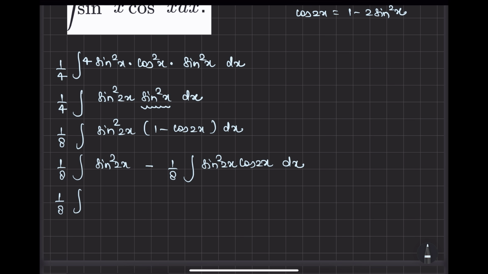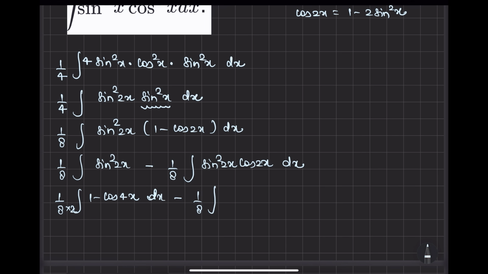So what I'll do, I'll again multiply and divide by 2. So it will become 2 sine square x, and 2 sine square x I can write as 1 minus cos 4x. Correct?